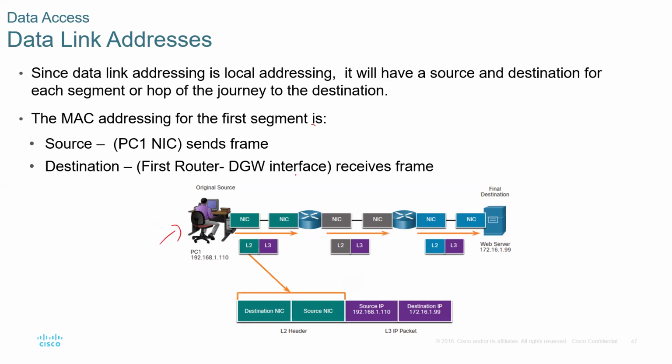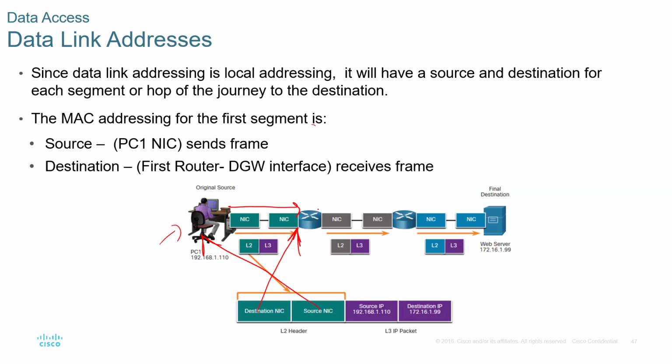The destination is for the default gateway. We've explained that one. That becomes the destination MAC address for the frame sent from here to the router. The frame sent here to router number 1 has the source of this device and the destination of the default gateway.